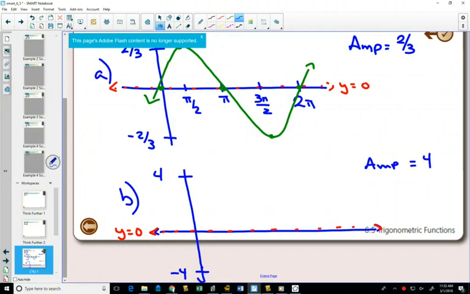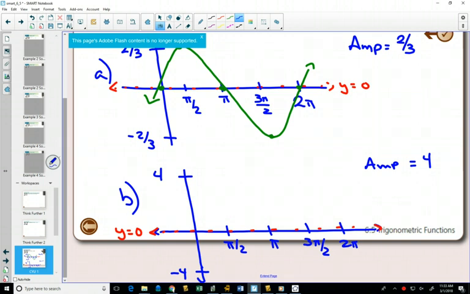For a cosine graph, just like a sine graph, we're going to mark our period and divide it into 4 equal sections. Our cosine graph normally started at a maximum, but can you see that with that negative 4 out in front, that would be a vertical reflection and a vertical stretch?